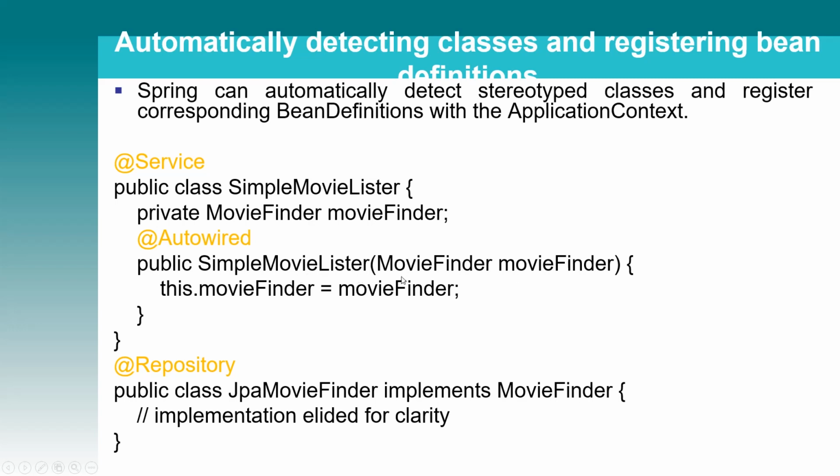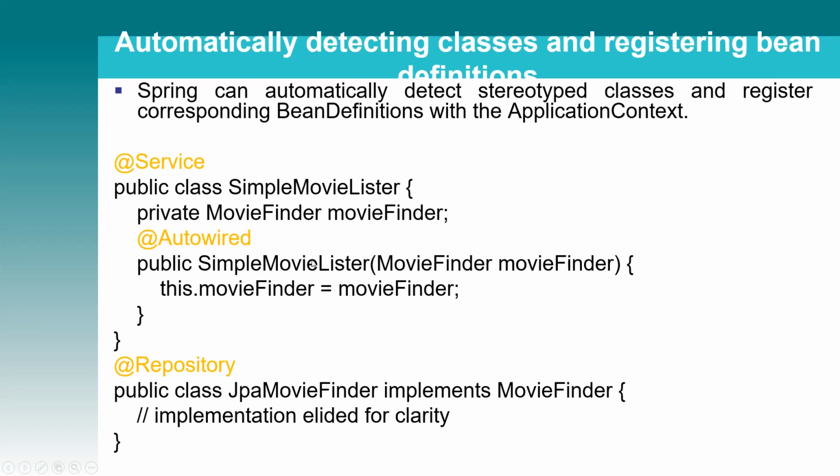The SimpleMovieLister constructor takes MovieFinder as an argument. On this constructor, we've applied @Autowired. This @Autowired annotation can be applied on constructors, setter methods, or even fields. In annotation-based configuration, this is how you do dependency injection, by making use of @Autowired.